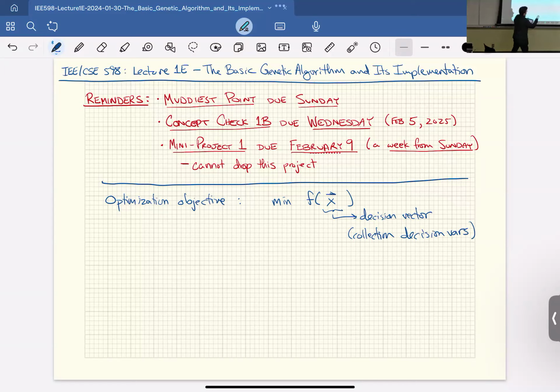And so that is the design problem, is that you have some criteria that you decide, I want to minimize that criteria.